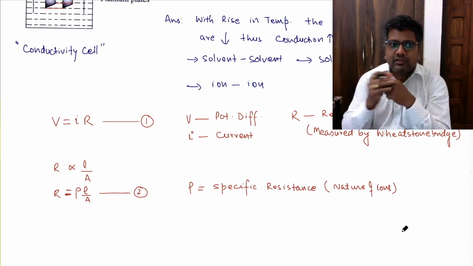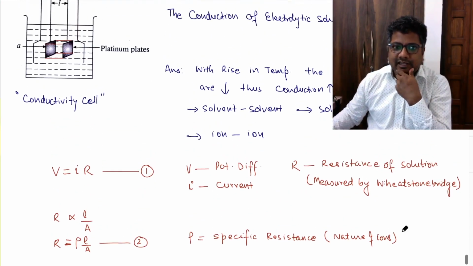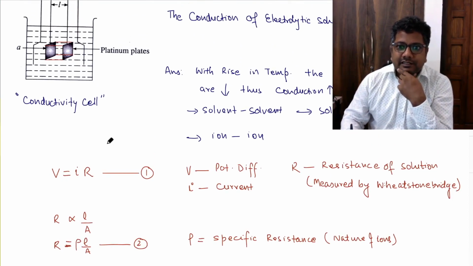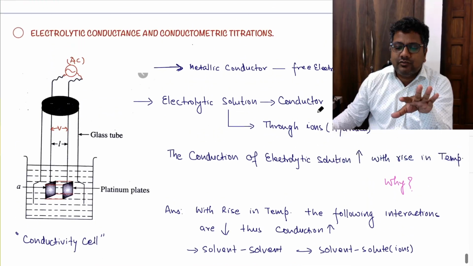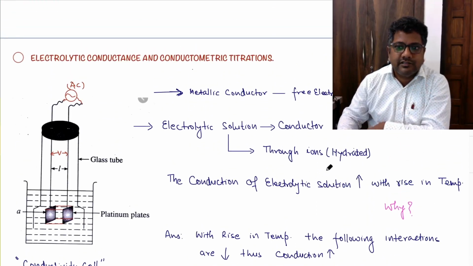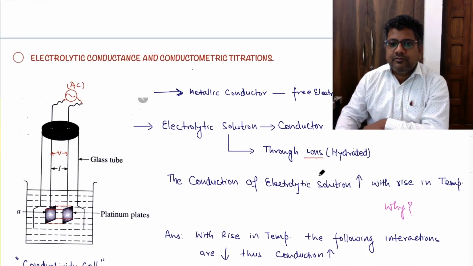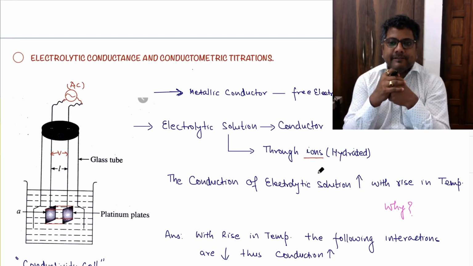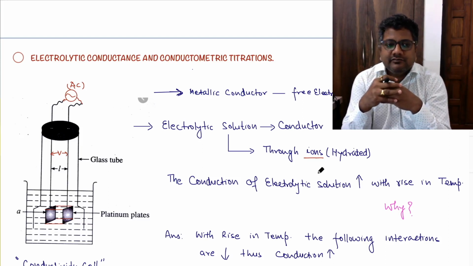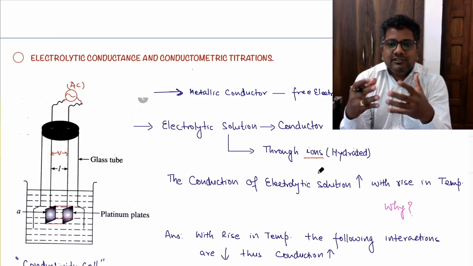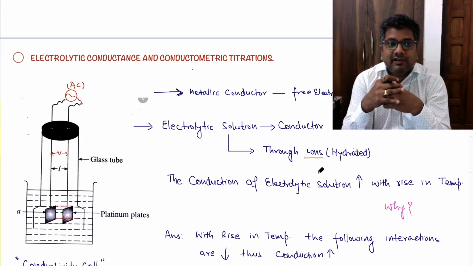One more thing I would like to explain here: the conduction here takes place through hydrated ions. If you use normal water, in normal water H+ and OH- are already there. So how do you eliminate the conduction by this water?